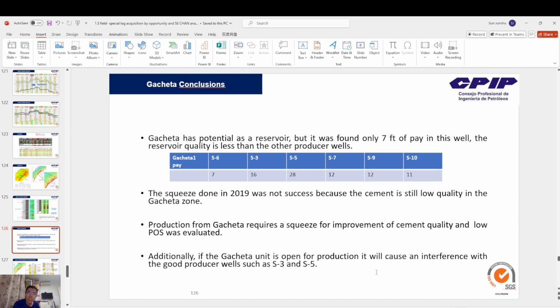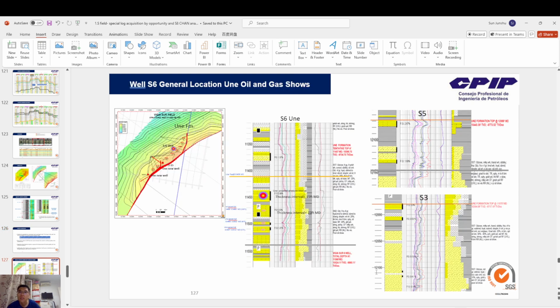Production from Gogeta requires a squeeze for improvement of cement quality, and a low possibility of success was evaluated. Additionally, if the Gogeta unit is opened for production, it will cause interference with the good producer wells, such as S3 and S5.